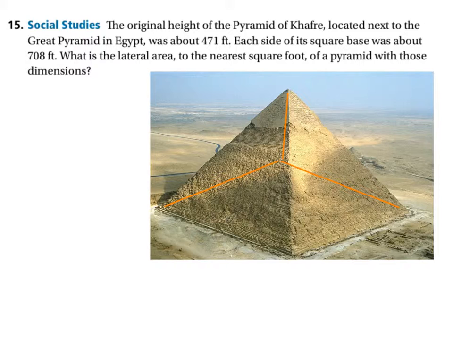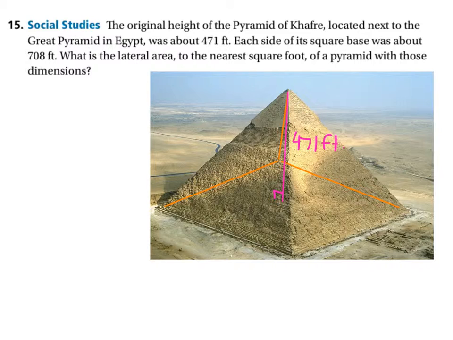Okay, so this being the case, if we were to then draw a perfectly vertical line straight down, I'll do that in pink, from the top right there to the center, so that we formed a right triangle there with the base, then we would have a height of 471 feet.